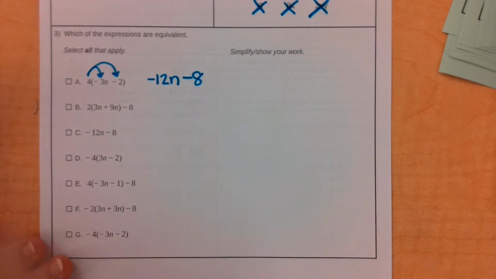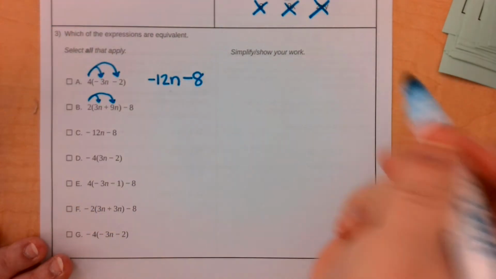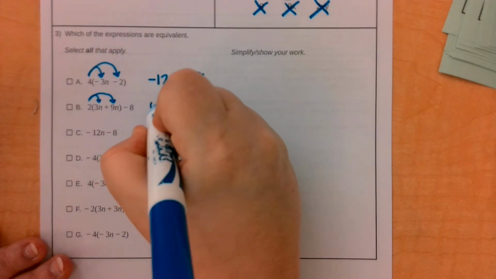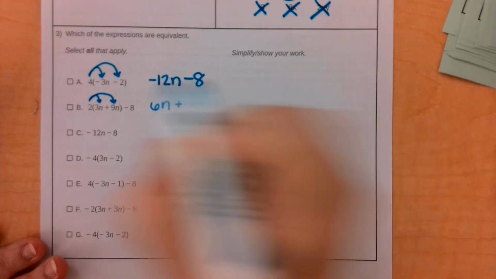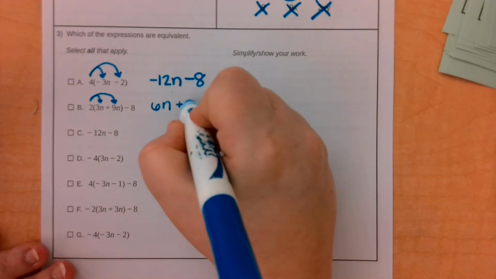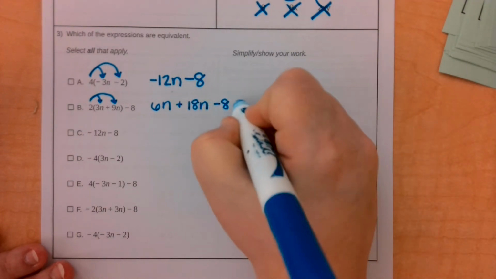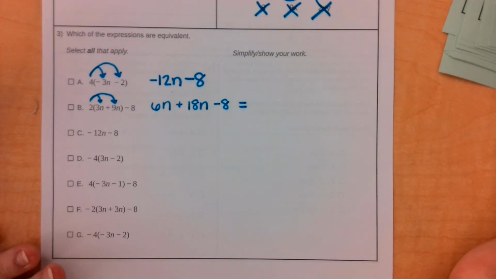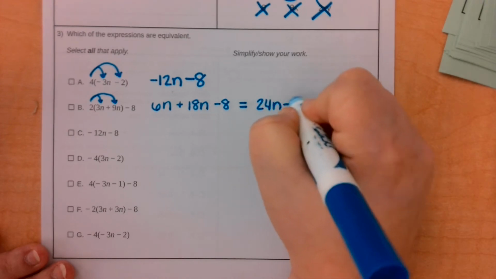Next one, I'm going to distribute. 2 times 3n is 6n. 2 times 9n is 18n, minus 8. I'm going to combine my n's. 18 plus 6 is 24n minus 8.